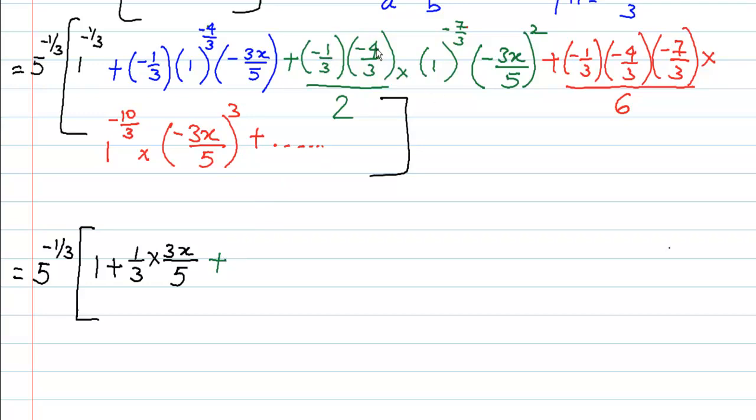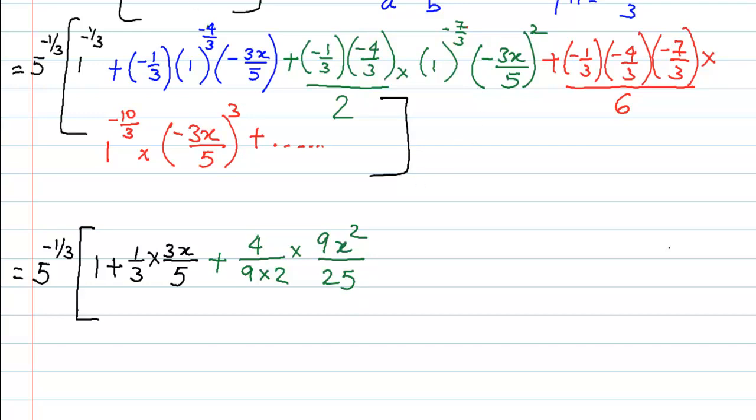Now 1 into 4 is 4 upon 3 3s are 9, into 2. The whole upon 2 would come over here, into 2. 1 raised to anything is the same thing, we'll ignore that. 3 square is 9. x square is x square upon 5 square is 25. Okay.